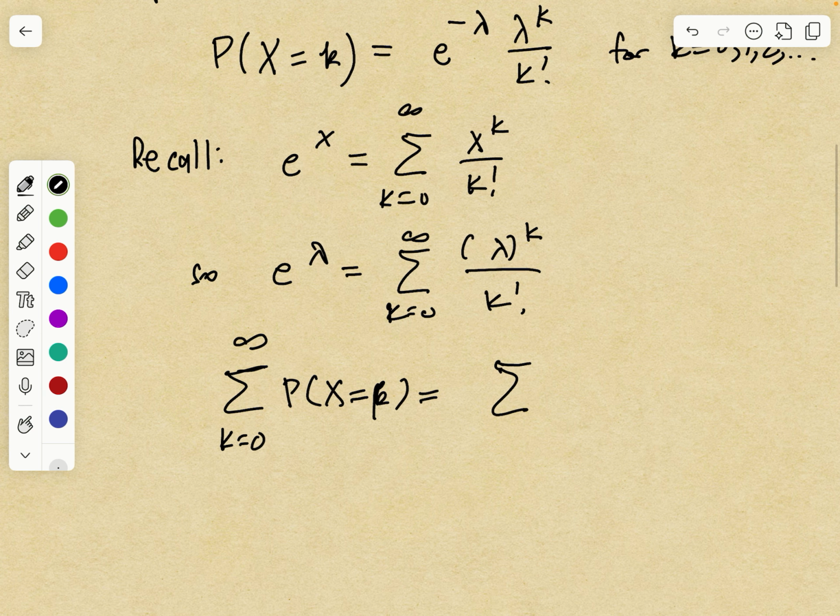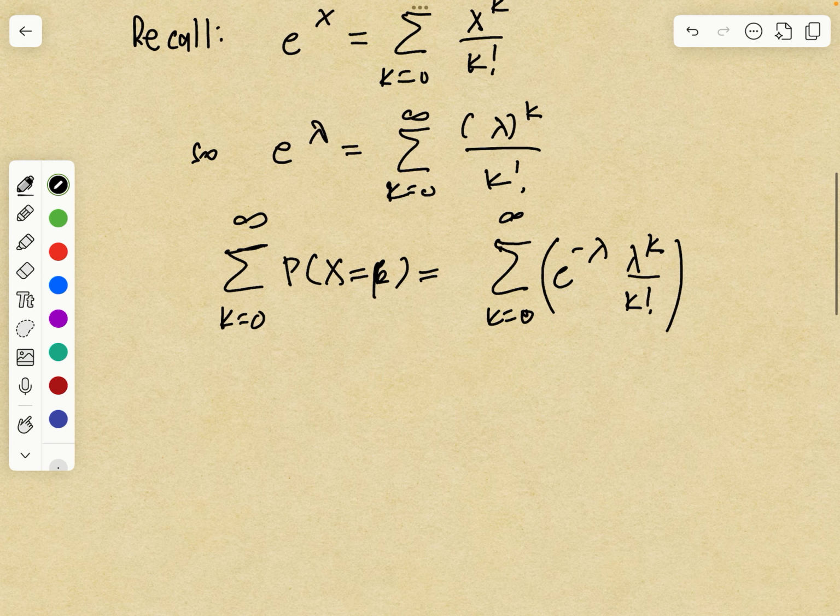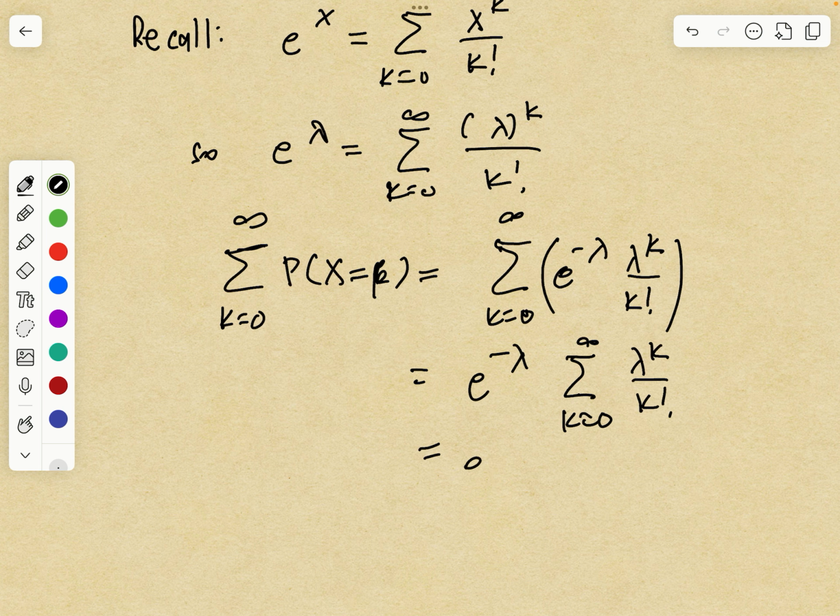And then when I take the sum from k equals 0 to infinity of e to the minus lambda, lambda to the k over k factorial, this e to the minus lambda is a constant, so I can pull it out, and then I get this. So this is e to the minus lambda times e to the lambda, which is 1. Because it's e to the 0 power, and e to the 0 power is 1.